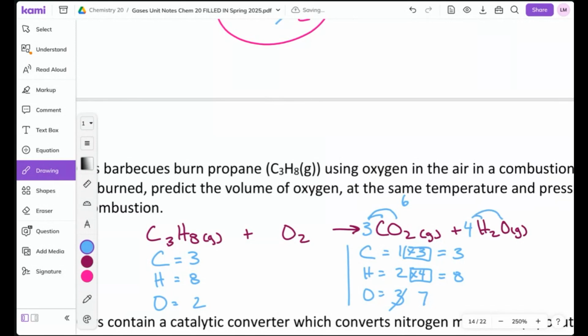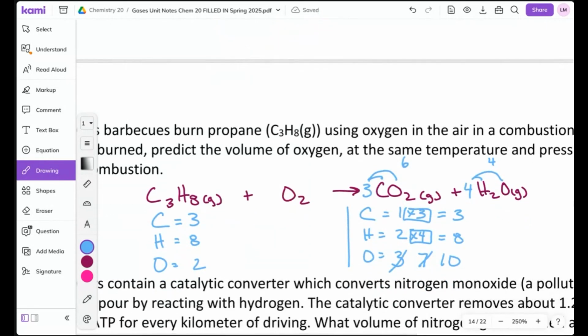So remember, coefficients affect everything in the compound behind it. Okay, so we got 4 oxygens here. So 6 plus 4, that's going to give us 10. All right, now 2 times 5, that's going to give us 10. So then our oxygens are now balanced out, and so is everything else.